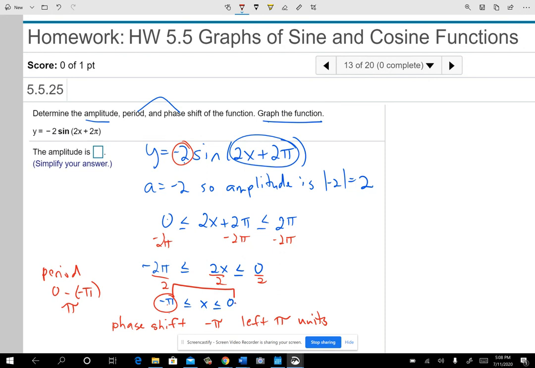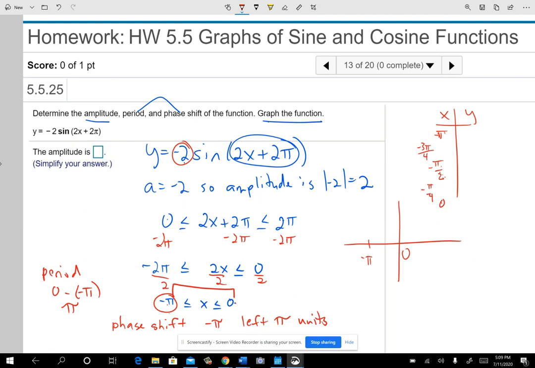When we get ready to graph this, between 0 and -π is where you're going to think about your 5 key points. When doing it by hand, we would do these 5 key points. Halfway between those would be -π/2. Halfway between these two would be -π/4, and halfway between here would be -3π/4.